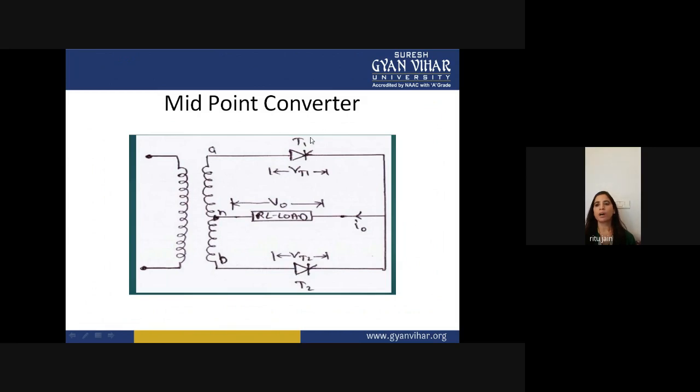So for the positive half cycle, T1 will be forward biased. When T1 is forward biased and you are not applying any gate pulse, T1 will not conduct. But when you apply a gate pulse at T1, the thyristor will start to conduct.